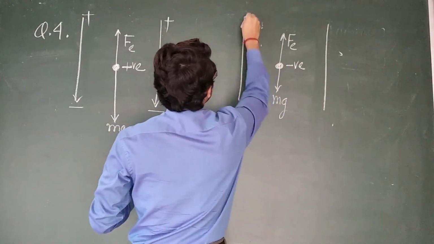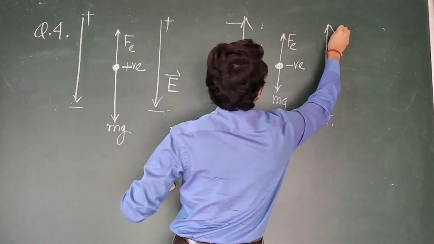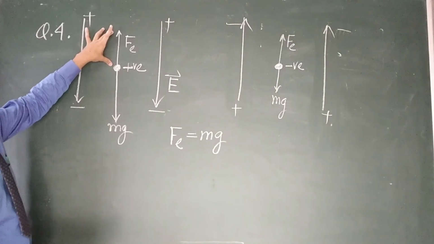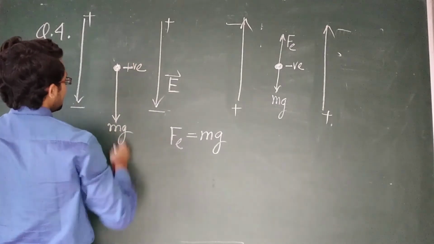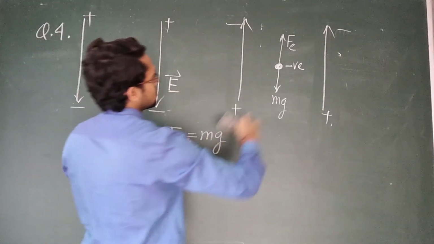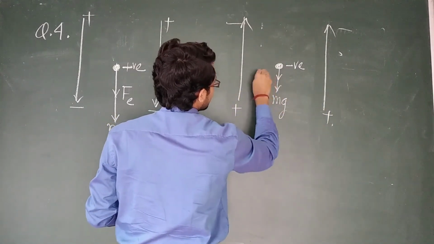In this situation, the electrostatic force will not act in the upward direction. The electrostatic force will act in the downward direction. So this is Fe, and here also the direction of Fe is this.